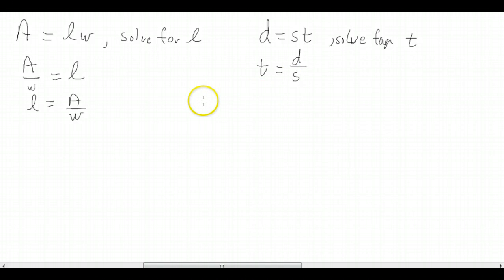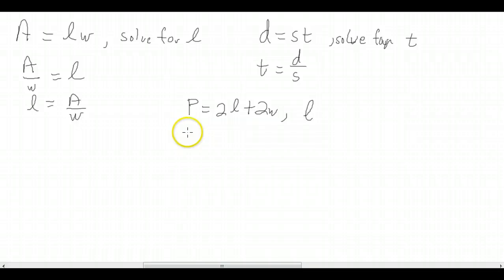What if we have the formula for the perimeter of a rectangle? P is equal to 2L plus 2W, and I want you to solve that for L. So what we need to do is isolate the L. Got to get it by itself, which means we need to get rid of 2W. Since it's added, we're going to subtract, and at the same time, I'm going to reverse sides.